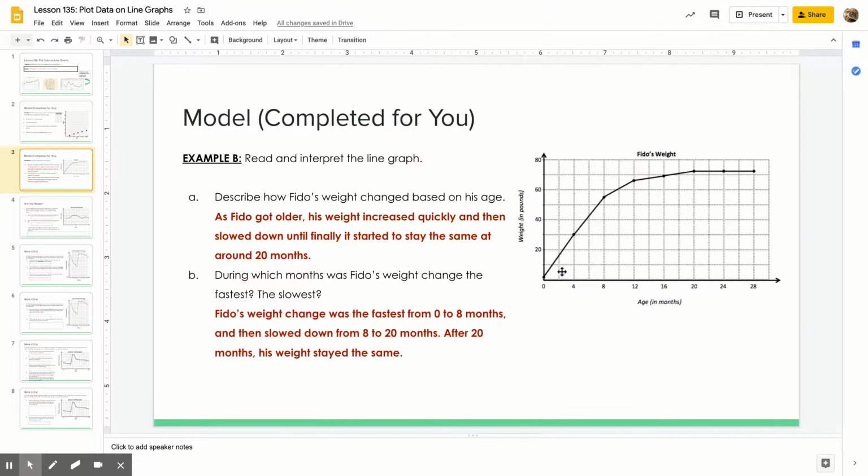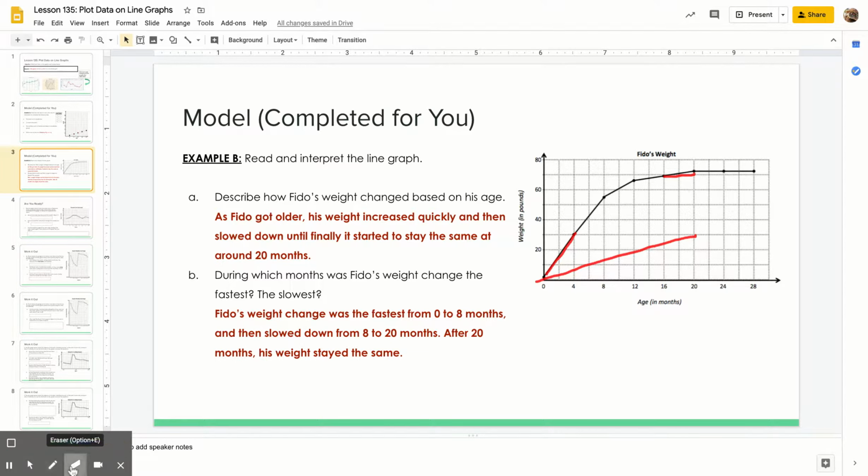So when a change is fast, it's going to increase at a much steeper rate than when a change is really slow. So if you notice, and I'll mark this up so you can actually see, there's some really fast increases here and some slower increases, where as you increase on the y-axis, it starts going slower. So this is not a line that extends the same no matter what, kind of like in example A. It's quite different.